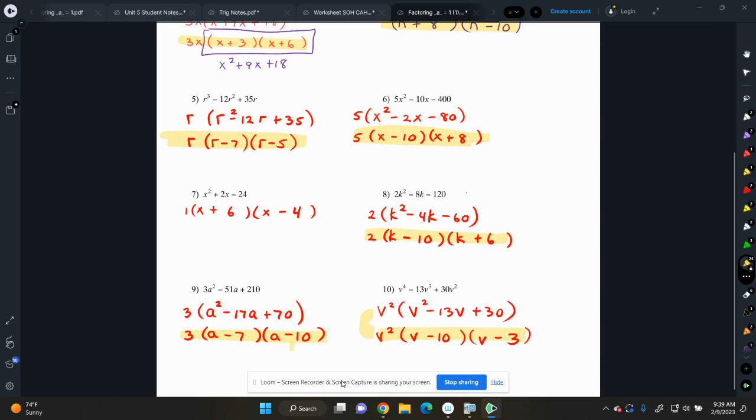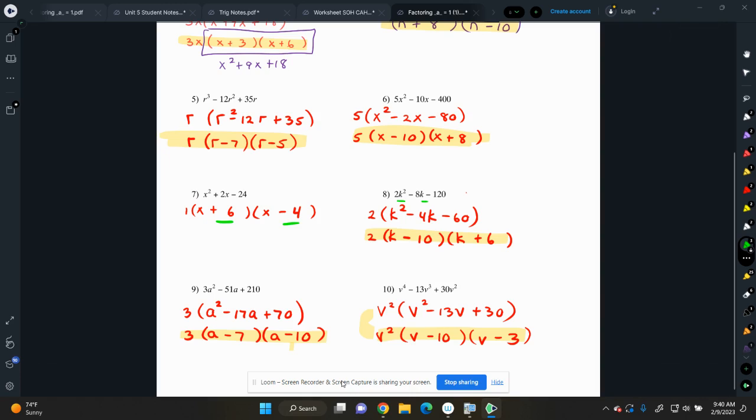Don't just let it drop out. Also, pay attention to the variable. Make sure that if it's a K, you're writing K and not X. For number 7, it doesn't matter if you put the 1 outside. And then double check yourself after you do it.